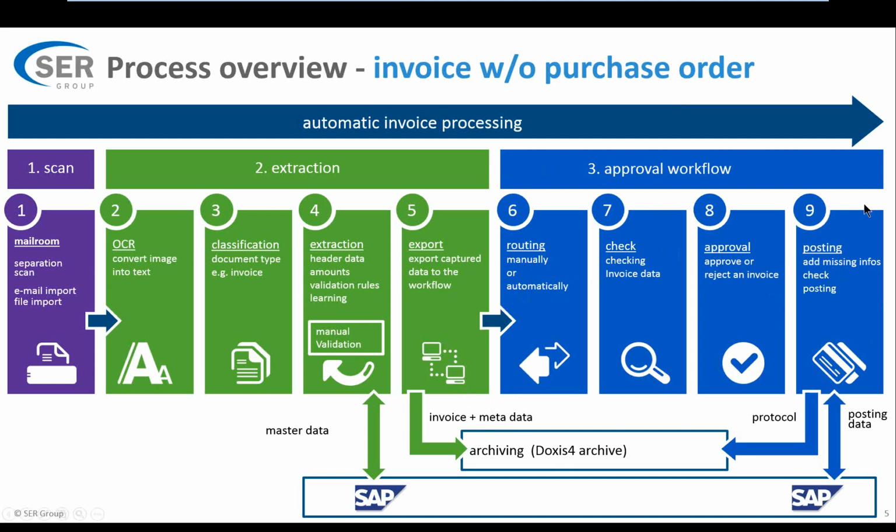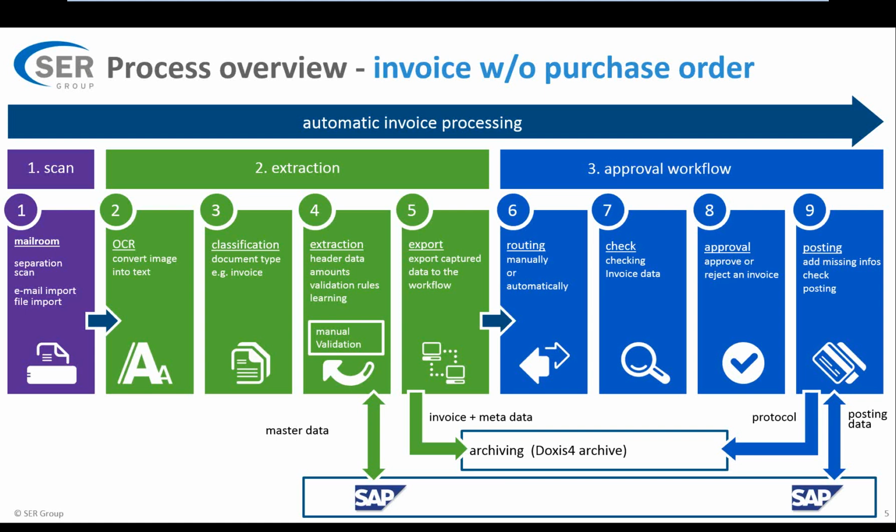And at step 9, after everything is approved, everything is fine, the invoice can be posted. You can do the posting process automatically, or you can do it manually as well. It depends. Some customers want the invoices be posted automatically because they say, okay, everything is approved.